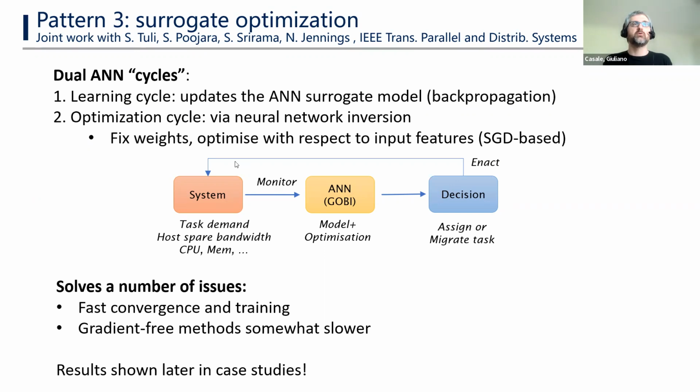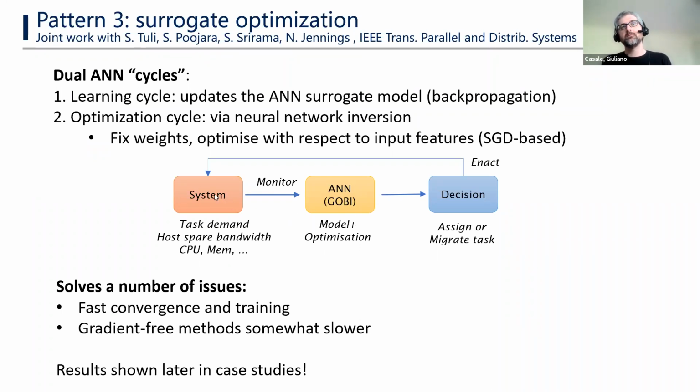And therefore, you just update this neural network based surrogate model at runtime, and you have some fast algorithm to conduct optimization or choose how to change the configuration of the system based on this fast surface, so fast sampling of the surface.